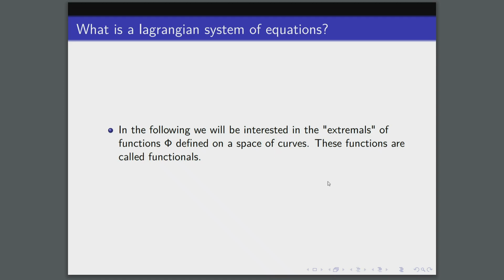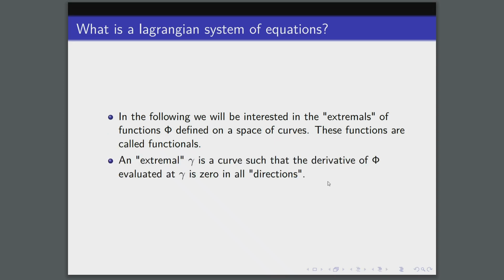In the following, we will be interested in the extremals of functions phi defined on a space of curves, and functions of this form we're going to call functionals. An extremal of a functional is a curve gamma such that the derivative of phi evaluated at gamma is 0 in all directions.